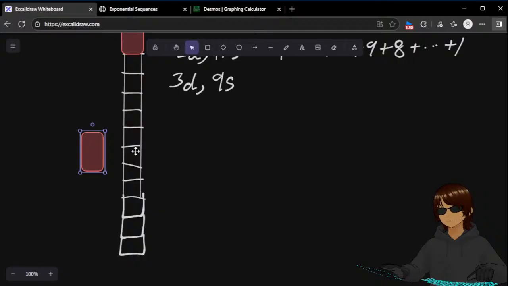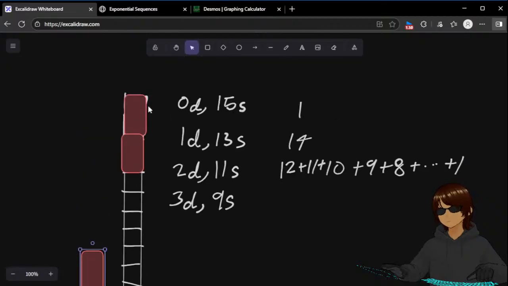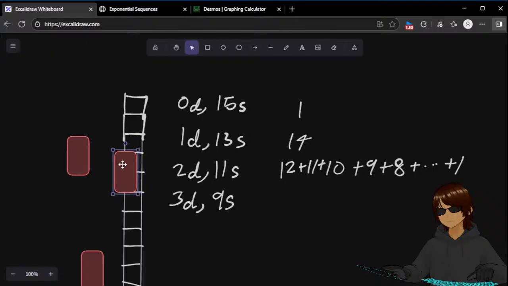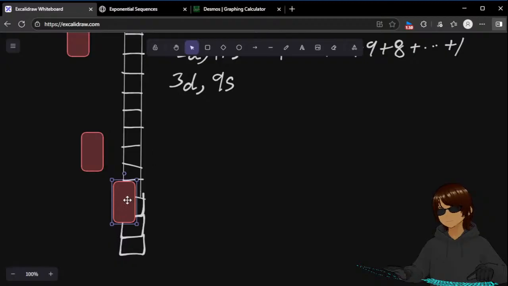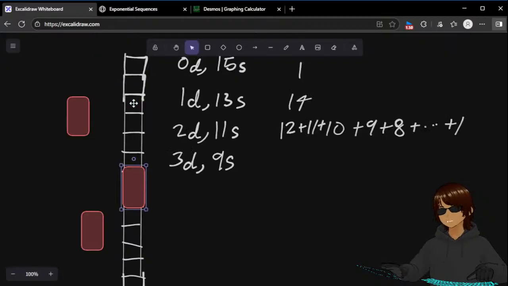There are 13 spaces to move here. 1, 2, 3, all the way to 14. Yeah, I'm right.